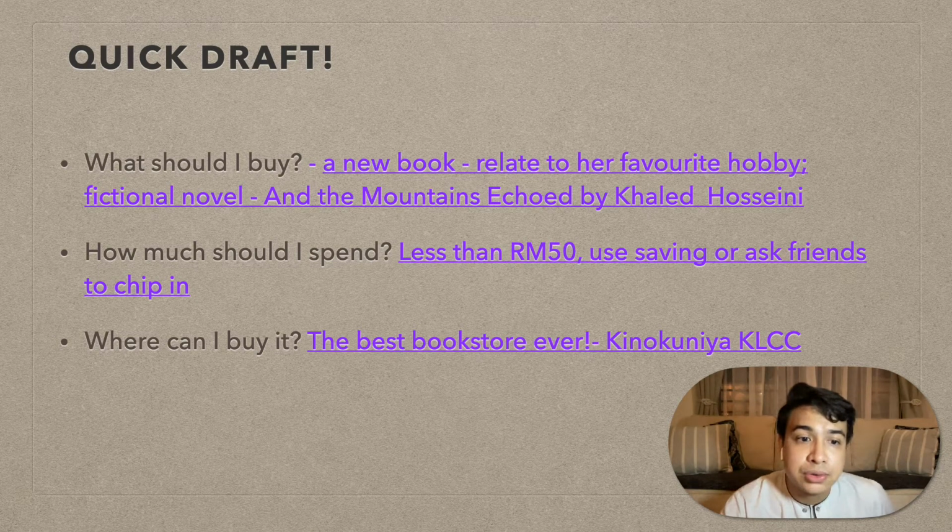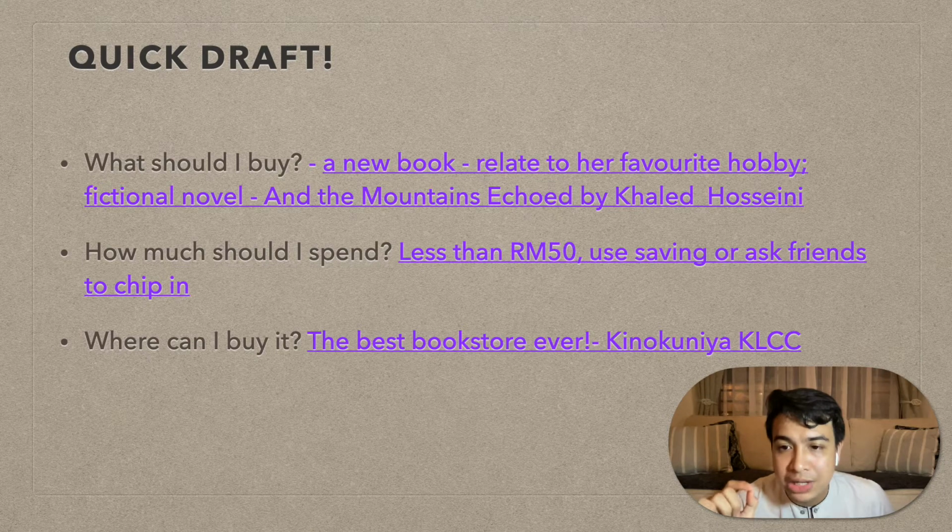All right. So in order for you to answer each task or each requirement, you have to directly answer what it is. Okay, what should I buy? A new book. Okay, and then you have not only to give the point or the answer to the question, you also need to provide elaboration.